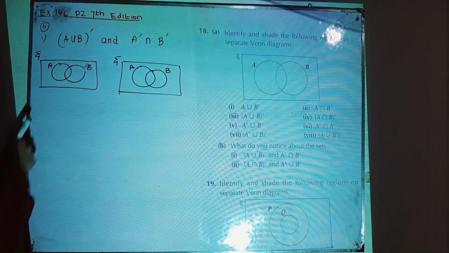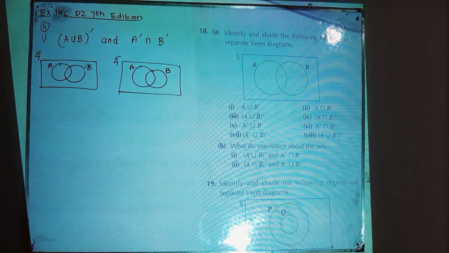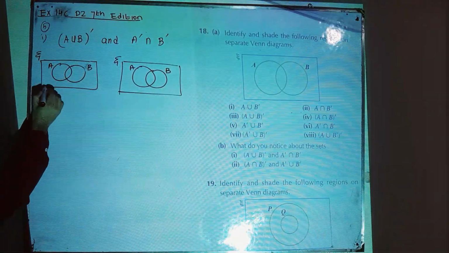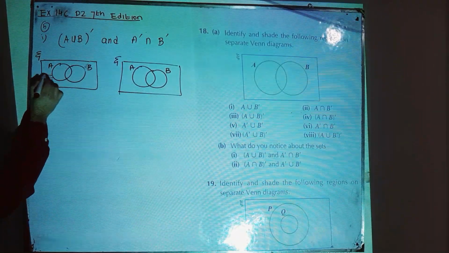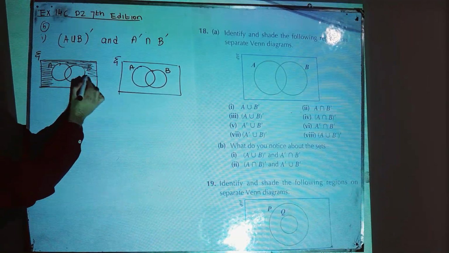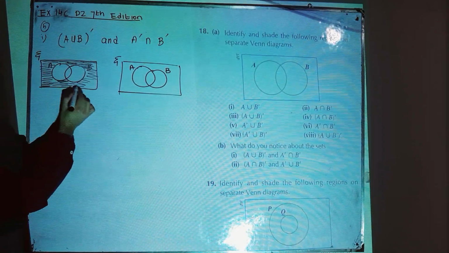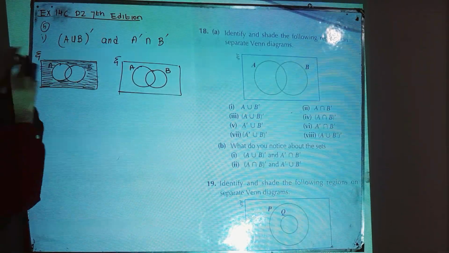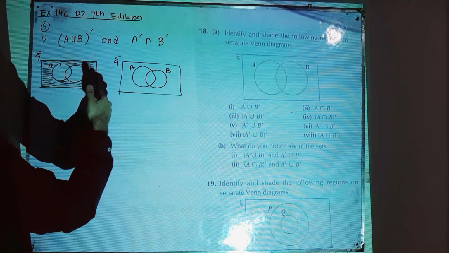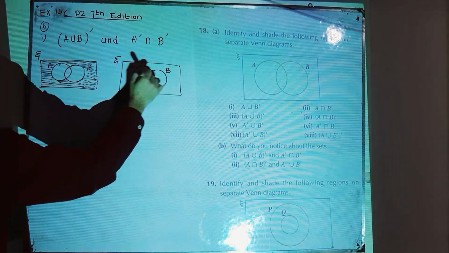Now (A union B) complement, that was this one, all the region outside. This is (A union B) complement. You can go to the earlier part and see this was the answer, all the region outside A and B. And A complement intersection B complement was also the region outside.